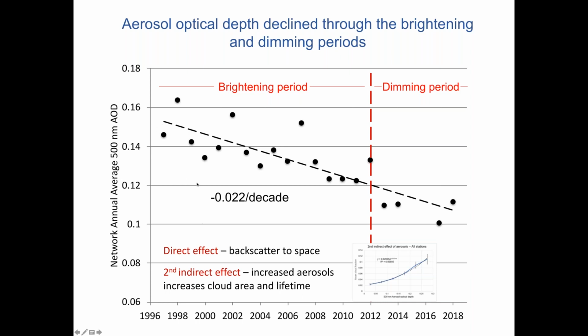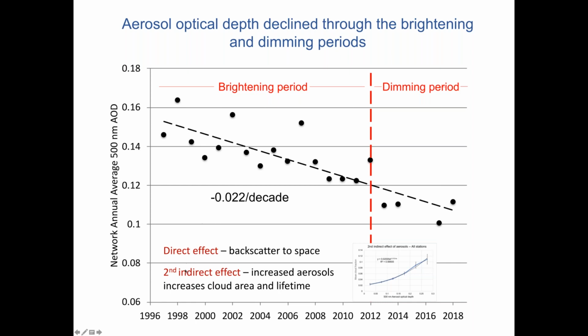And aerosols can affect brightening and dimming by either the direct effect or the second indirect effect of aerosol. Direct effect is just the backscatter from the aerosols. But Els and I, in our initial documentation of brightening, determined that the direct effect could only account for about 10% of the brightening during this period.